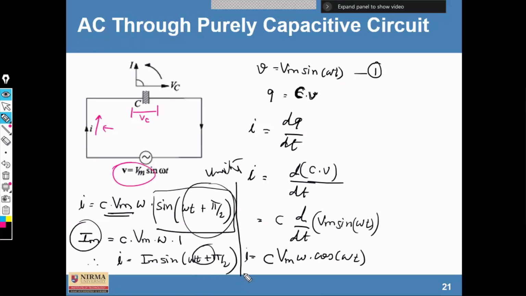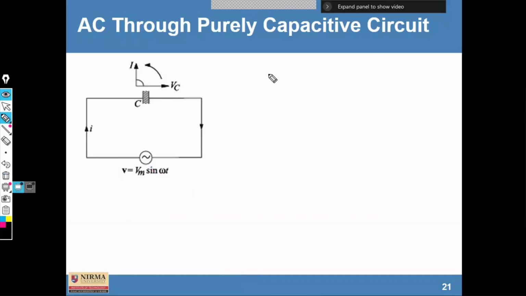It means the current is a leading quantity in the case of a capacitive circuit, isn't it? So here we have two equations: the voltage V equals Vm sine omega t, and the current Im sine of omega t plus pi by 2.